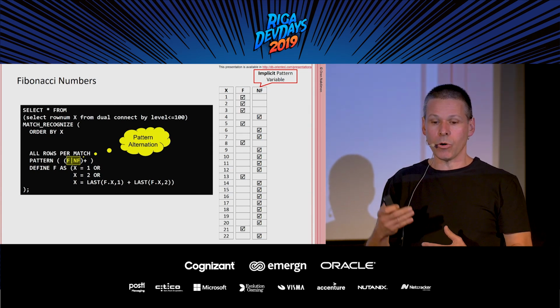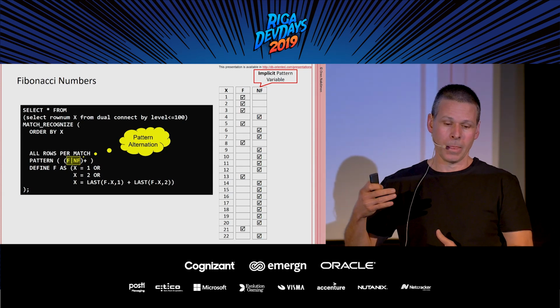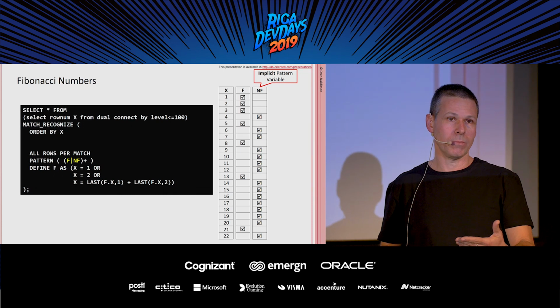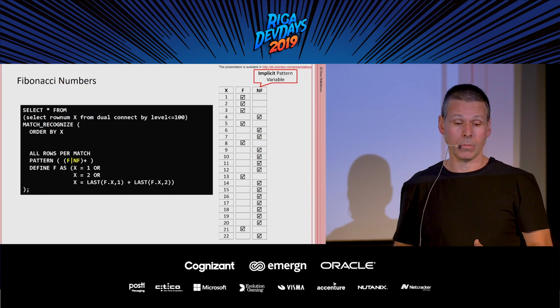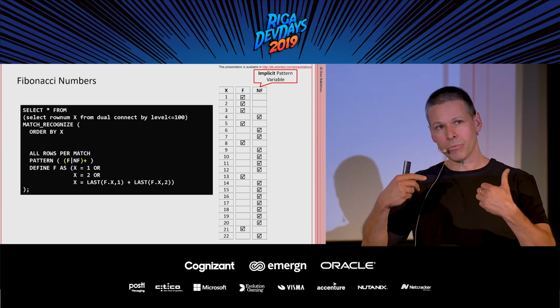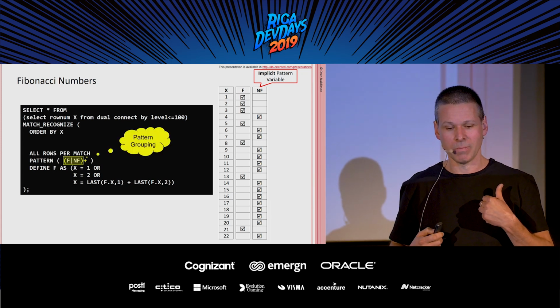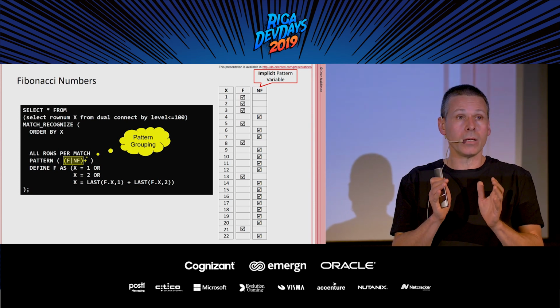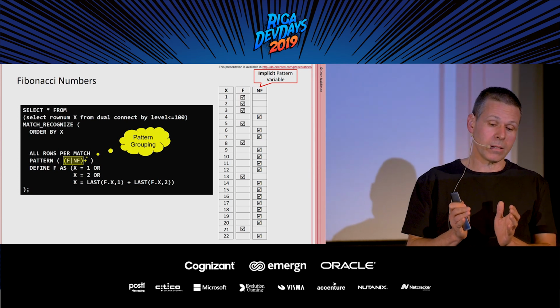And because we want all the numbers in the match, then we need to use the plus quantifier, one or more, and we want to apply it on the output of the alternation. So we are using grouping simply by wrapping it with parentheses.